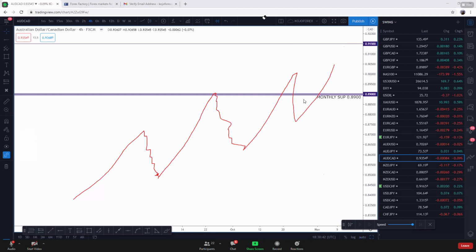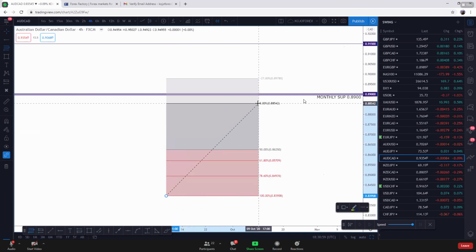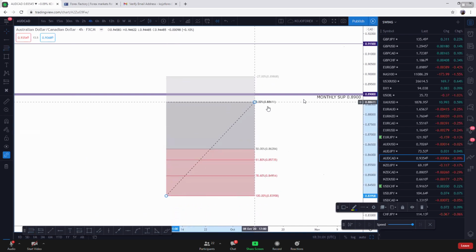So as a trader, you always want to anticipate what the market could do anytime it gets into any Fibonacci range. This is how my Fibonacci actually looks. I changed the whole view of my Fibonacci, and this is the setting.